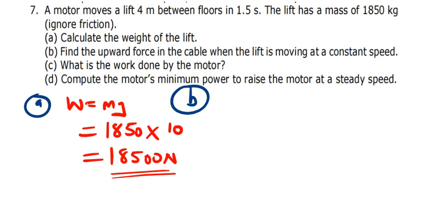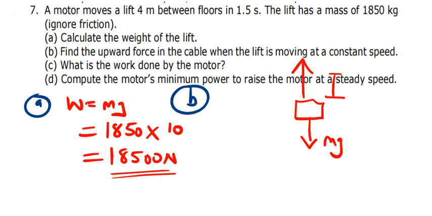Okay, so basically what is happening here is, let's say this is the lift. You are taking it to the top floor, and let's say this is the ground floor. Now we are going to have the weight, which is the mg that we just found. Now you are going to be moving it a certain distance.